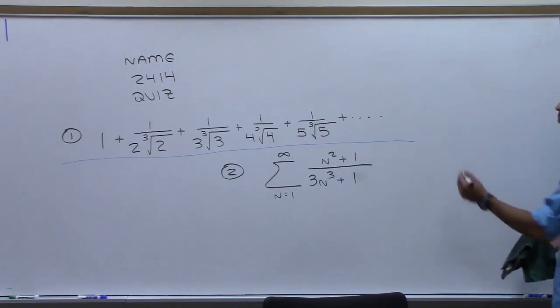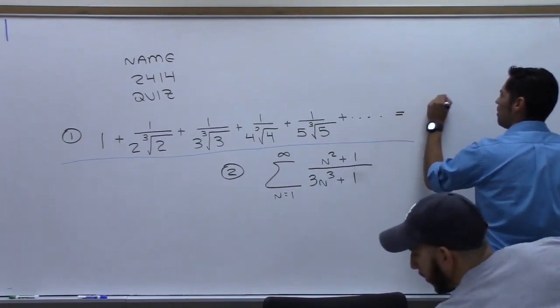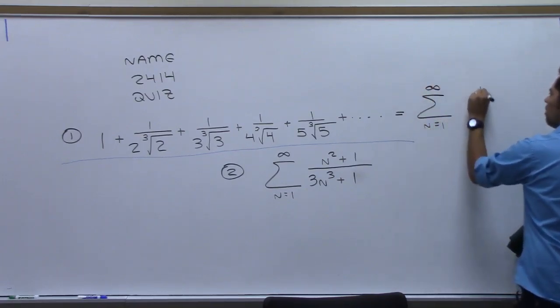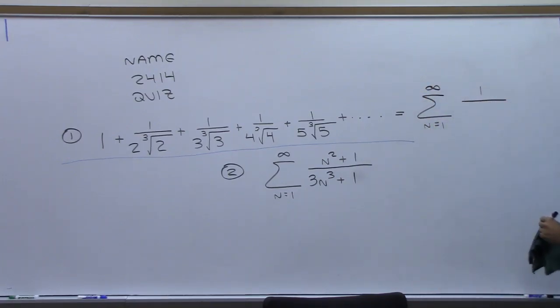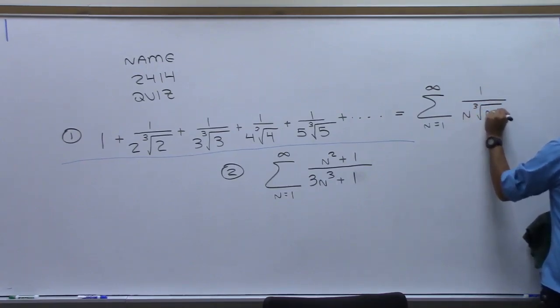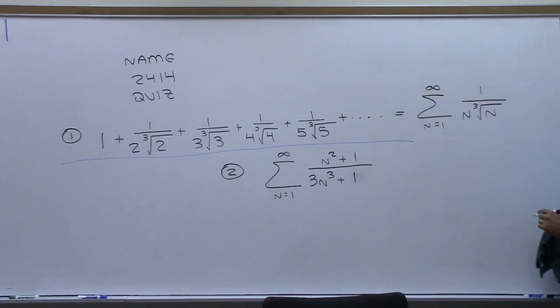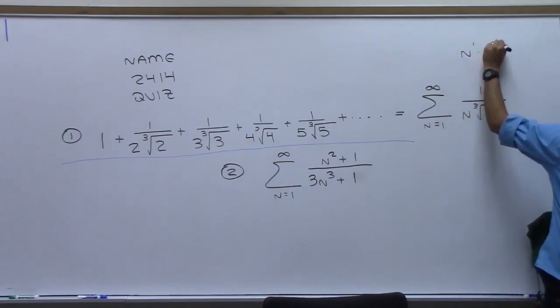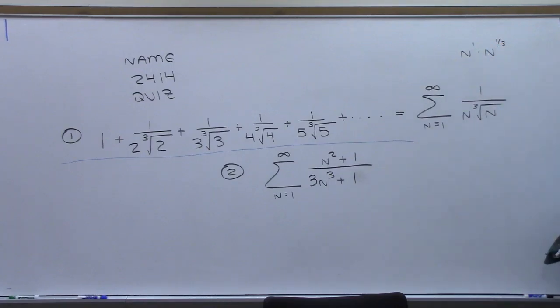All right, so for the first one, if we write this in sigma notation, it's going to be 1 over what? n times the cube root of n, right? Which is, the bottom is n to the first power times n to the 1/3 power.